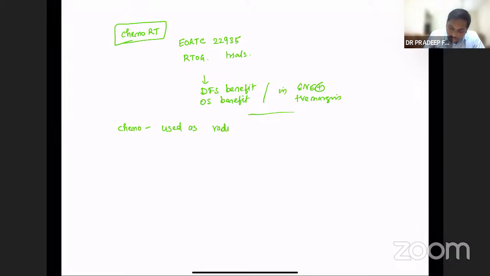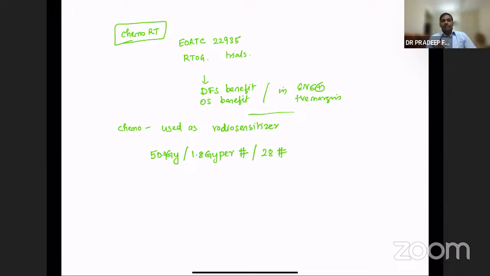So what is the dose of radiotherapy that is given in an adjuvant setting? In the adjuvant setting, it's usually 50 gray total dose, at 1.8 gray per fraction. So in totality it comes to around 50.4 gray in 28 fractions. Each dose of radiation delivery is called a fraction.